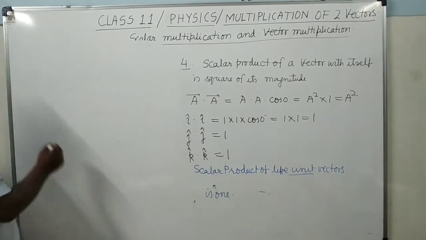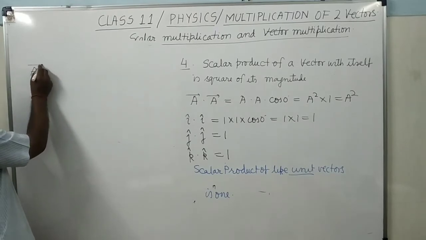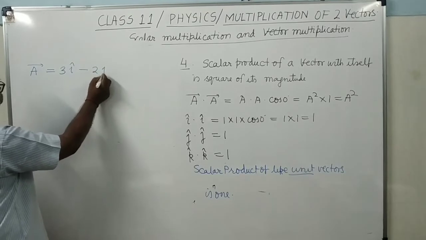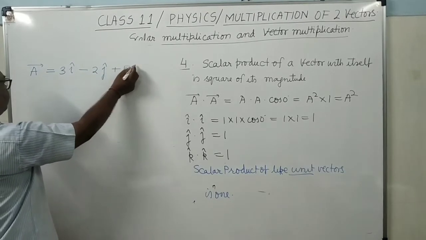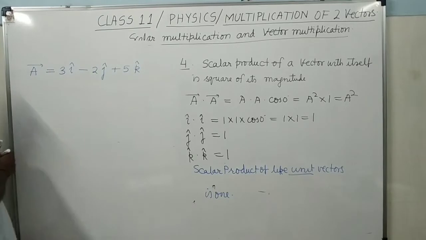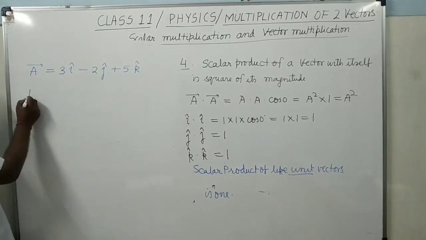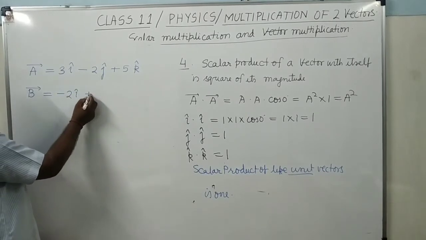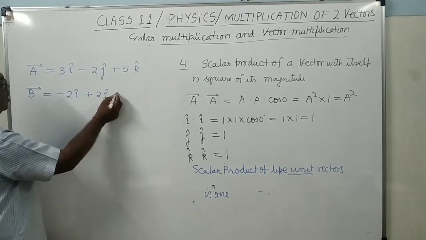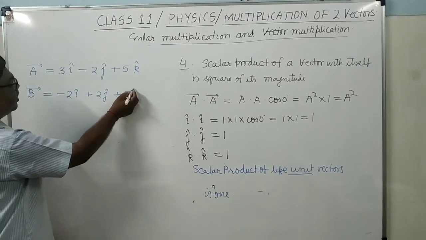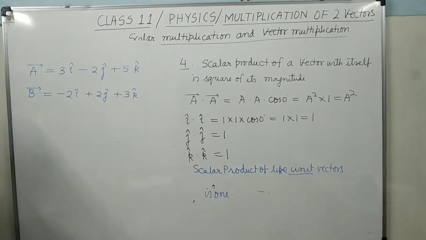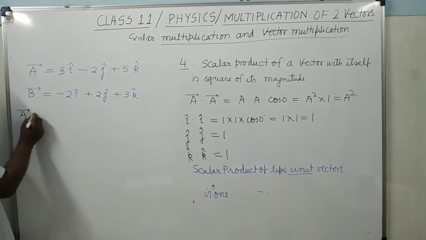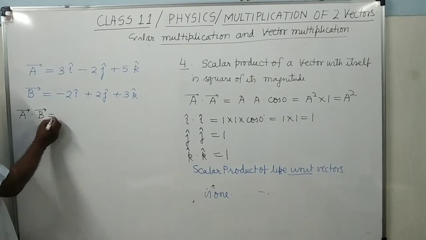Now see here, suppose two vectors are given. Vector A equals 3i minus 2j plus 5k, and vector B is given as minus 2i plus 2j plus 3k. It's clear. You have to find vector A dot vector B. You can find vector B dot vector A also, both will be the same.